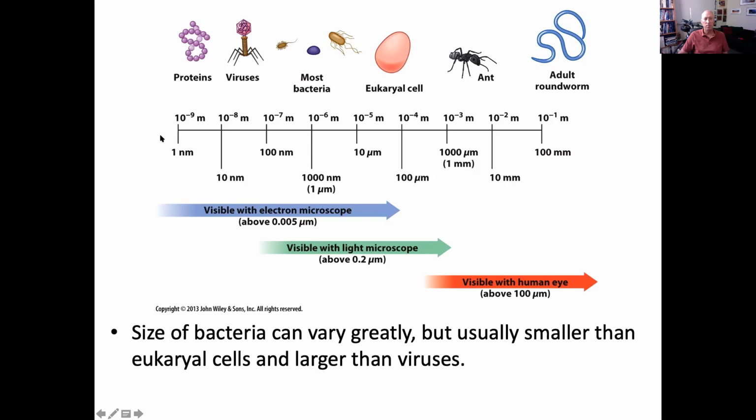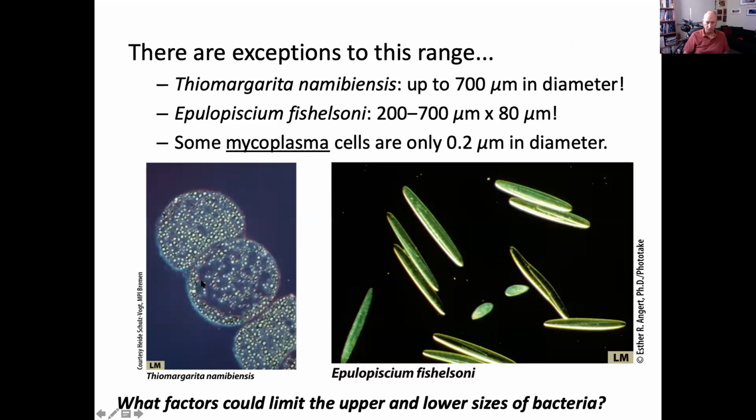An angstrom is 1/10 of a nanometer, right? So below 0.2 microns, what you really need is an electron microscope. There are applications for electron microscopes that are a lot bigger than that, especially scanning electron microscopes. But below the range of a light microscope, you need to use an electron microscope. All this is talked about in Appendix B, so make sure you go through that.